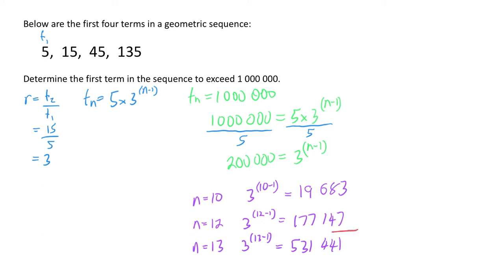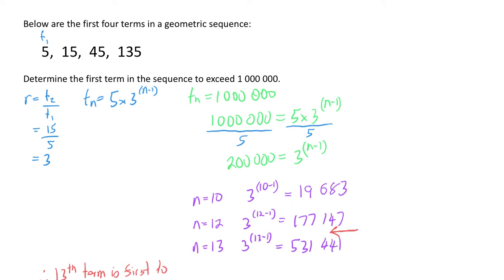That point happens between the 12th and the 13th term. So to answer the question, the first term that's going to exceed 1 million is the 13th term.